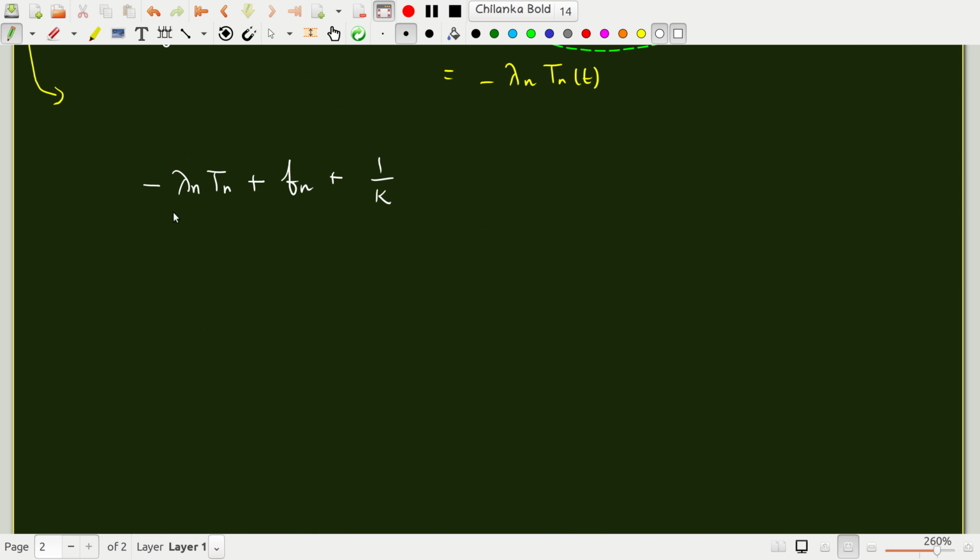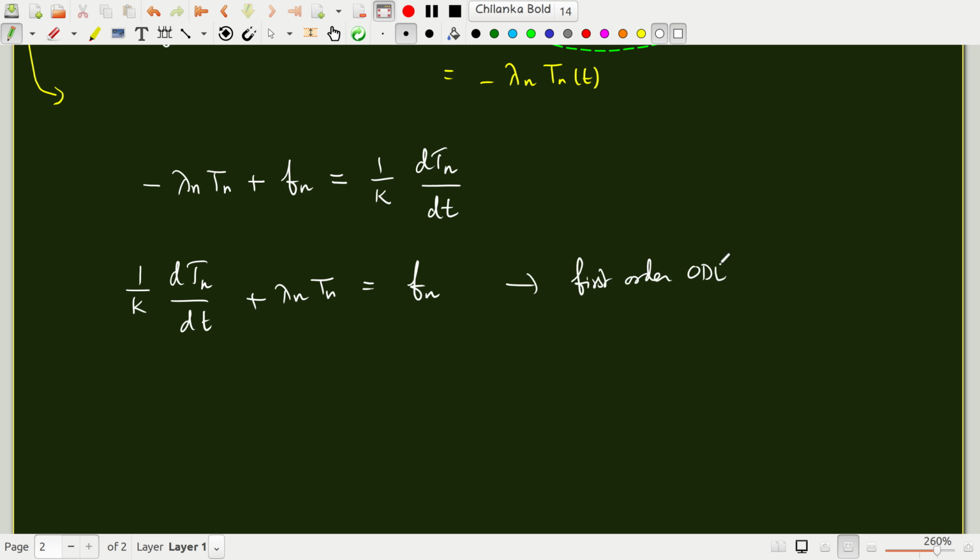So this is equal to 1 over kappa dTn dt, or I can rewrite it as dTn dt plus lambda n Tn is equal to Fn. This is a first order ODE in time t, small t, for Tn.